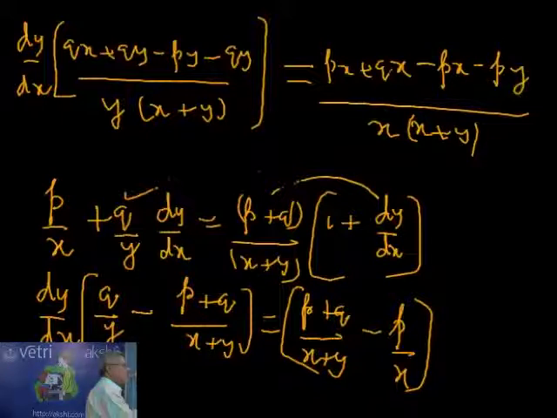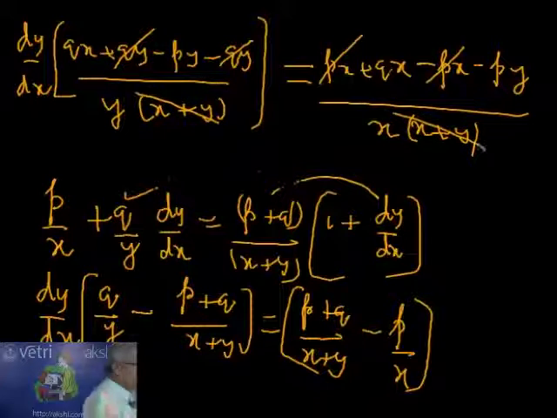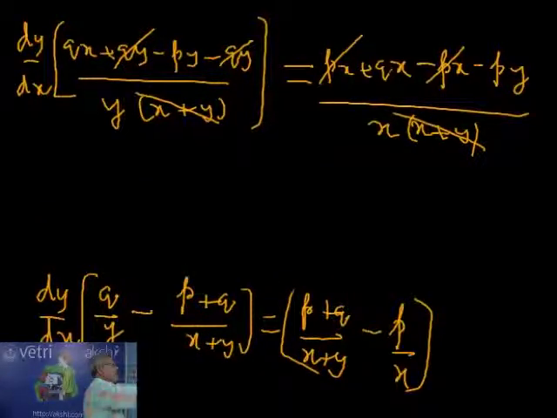Now here qy gets cancelled, here px gets cancelled, and here x plus y gets cancelled with this x plus y. Now we are nearing the answer. We are left with qx minus py.